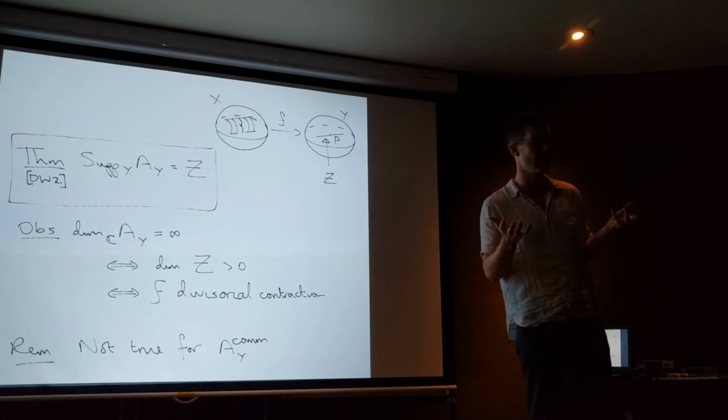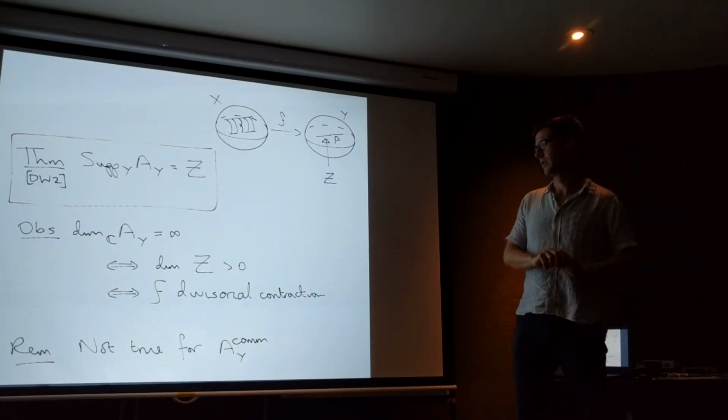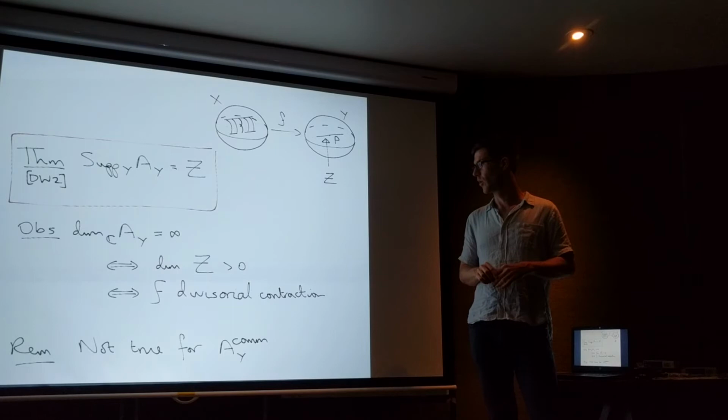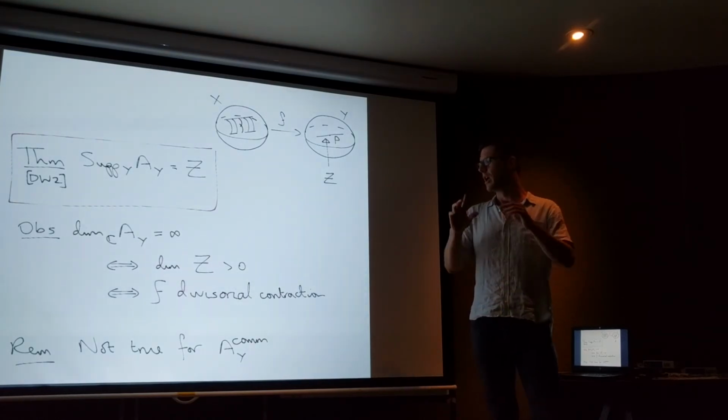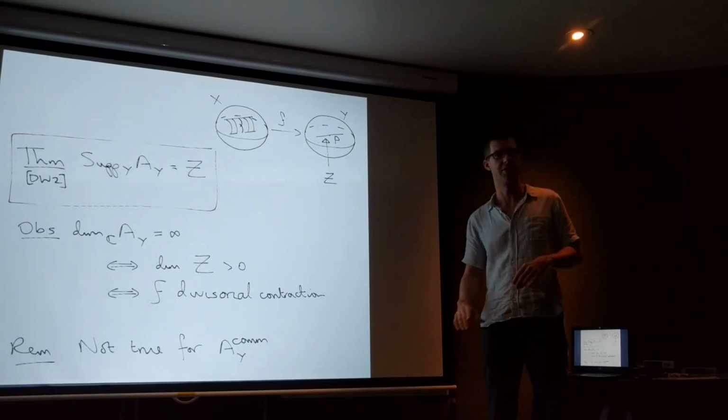And so this setup we have includes flopping contractions and divisorial contractions to a threefold. And this algebra detects which one we might be, or more precisely, whether you're a divisorial contraction or not. And surprisingly, this is not true for the commutative version of that.